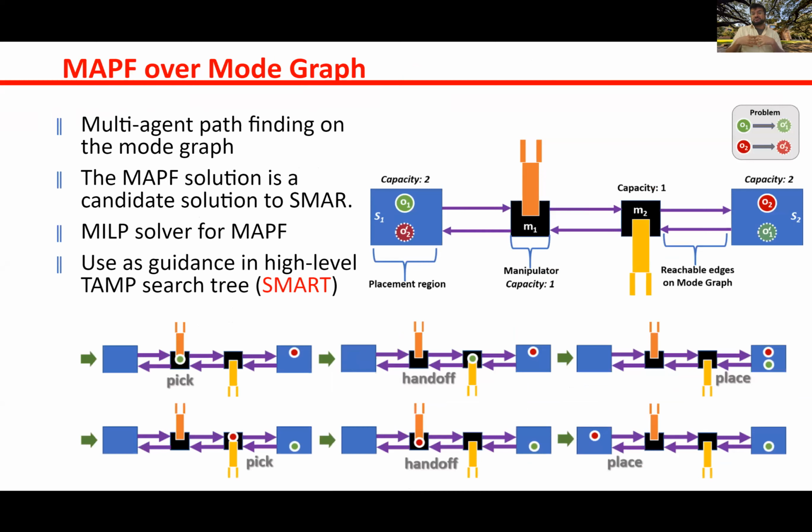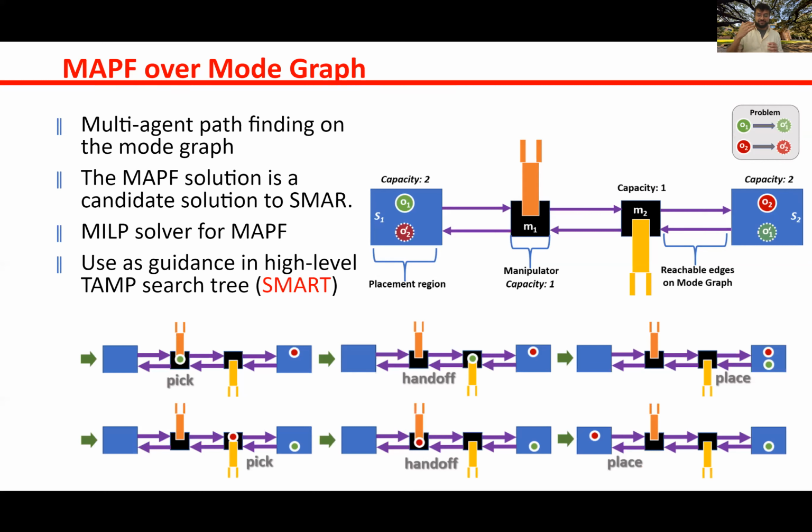If we solve the problem of multi-agent pathfinding for these pebbles over the graph, that can give a candidate sequence of actions, which if successful will give you the solution to the entire problem.